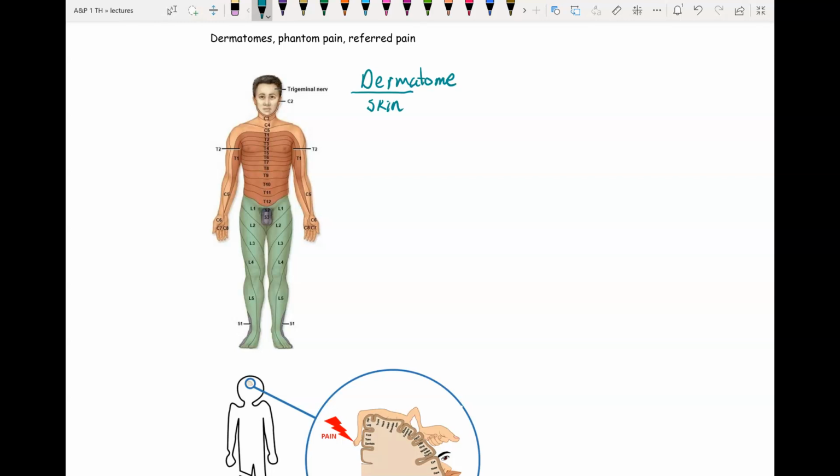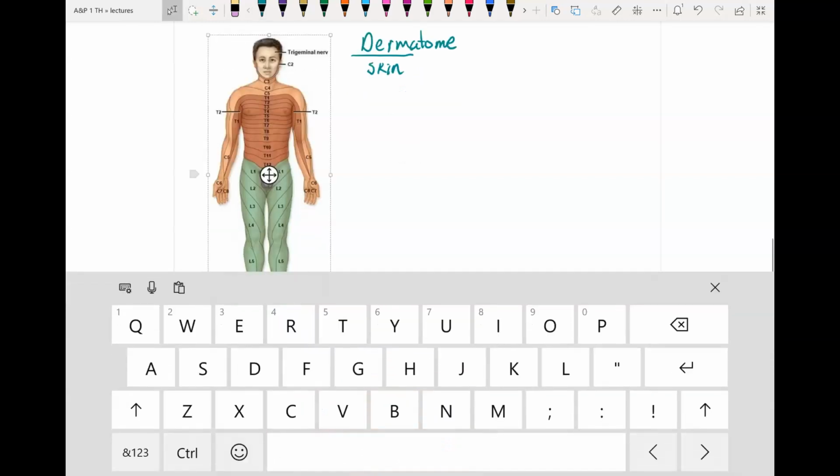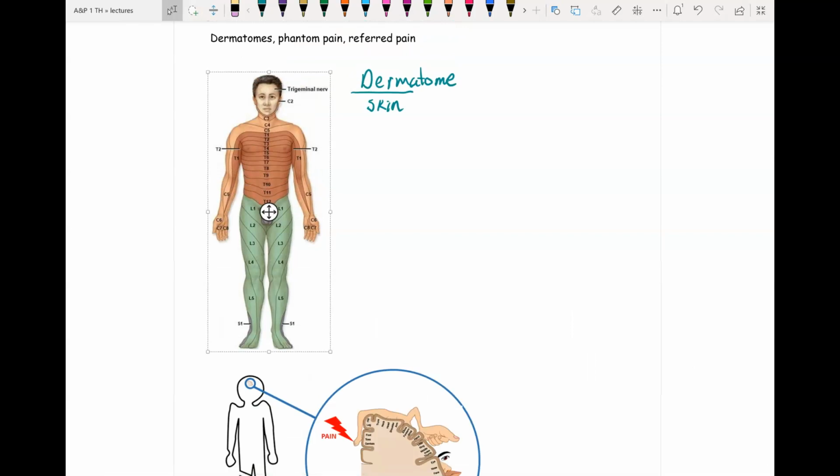So this is showing areas of skin, and if you look at the labels on these areas of skin, they might look familiar, like T2, T1, L2, L3, L4. Those are the names of spinal nerves. So a dermatome is a map of the skin that shows which spinal nerve innervates each area of skin.